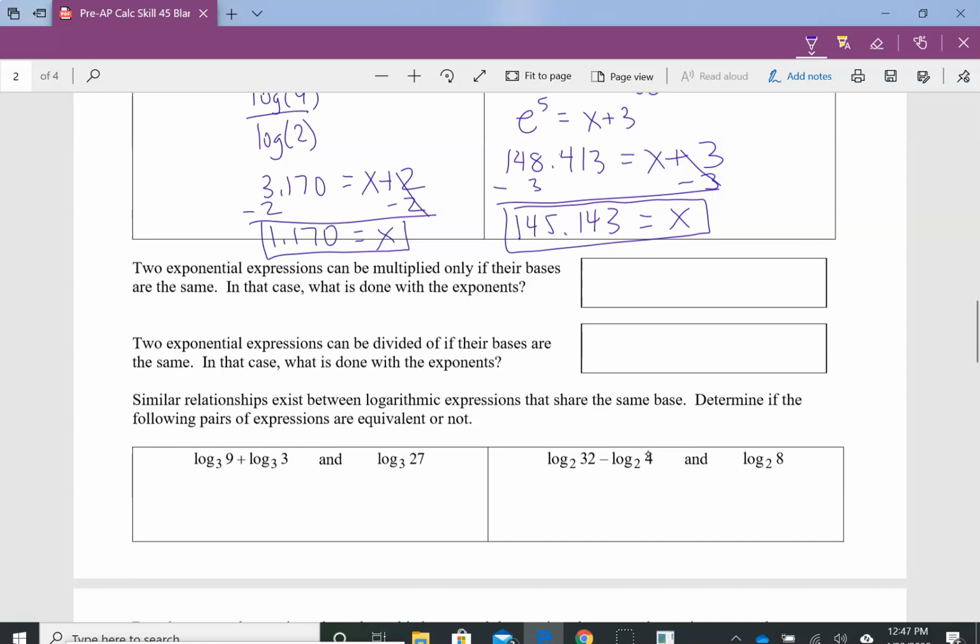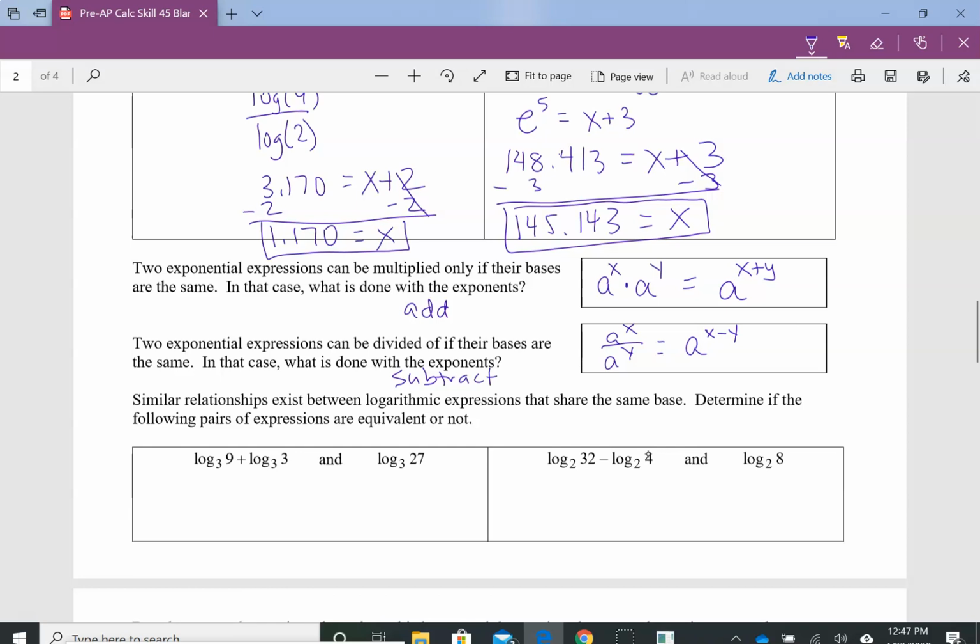Well, if I have a to the x times a to the y, I'm going to get a to the x plus y. So you add the exponents. And if they were divided, so if I had a to the x over a to the y, then we should know that we would subtract those exponents.